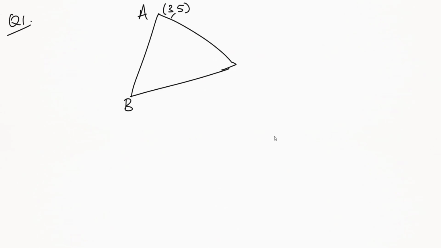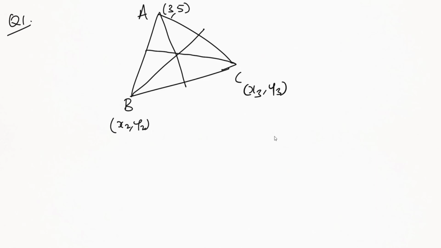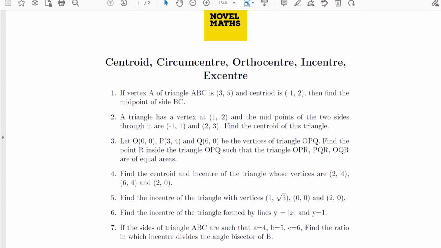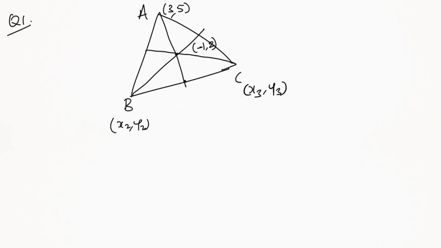B we don't know, let's name it x2 y2, and C x3 y3. This point is given, negative 1 and 2. We have to find the midpoint of BC. What is the midpoint? x2 plus x3 over 2 and y2 plus y3 over 2. The centroid is already given.